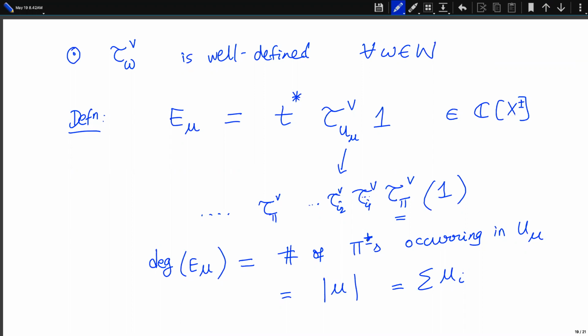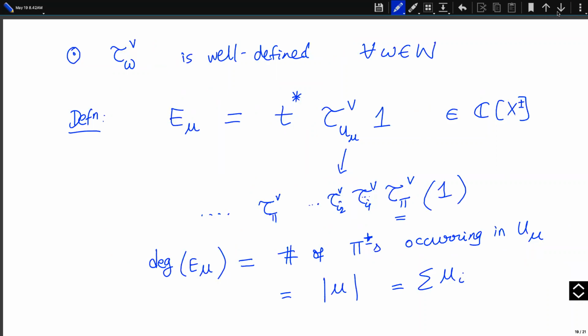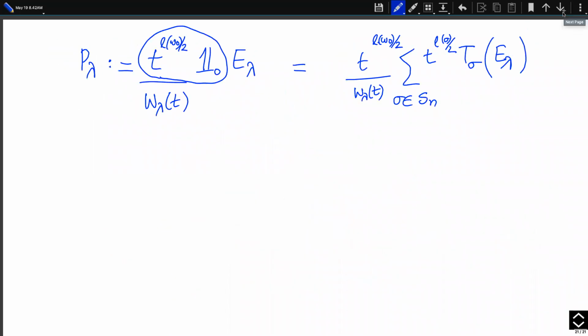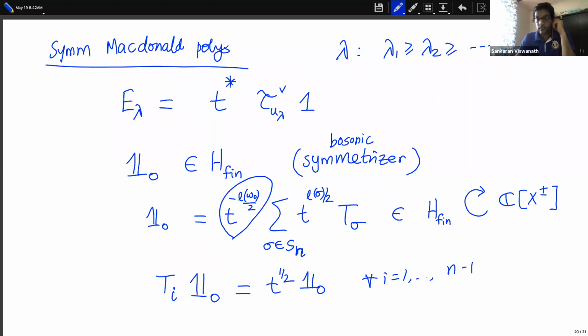Could you go back one slide, Viswanath, please? Sorry, maybe forward. One more. Yeah, this last equation, the previous one, please. I'm a little confused. So this is not in the Hecke... This is in the Hecke algebra.